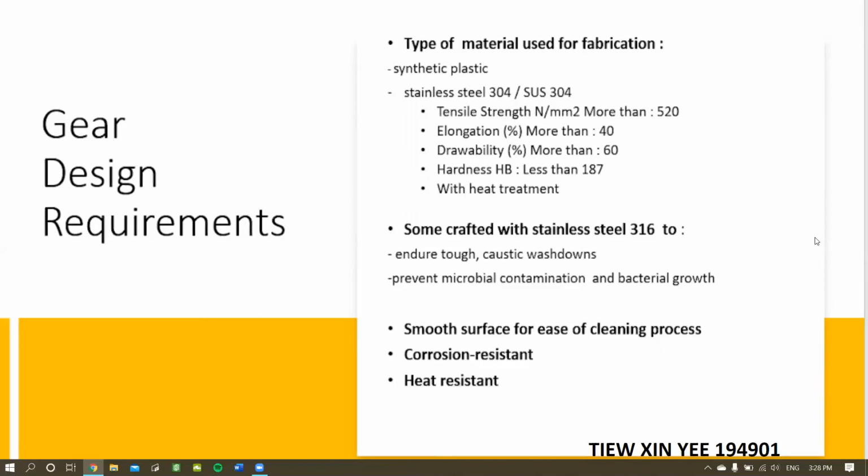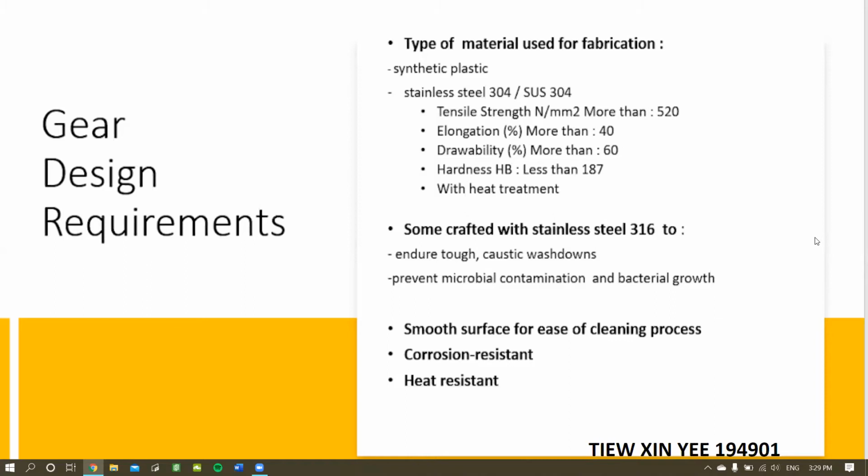The second one is standard steel 304, also named SUS 304. For the standard steel 304, the tensile strength usually will be more than 520 Newton per millimeter squared, and the elongation percentage will be more than 40.